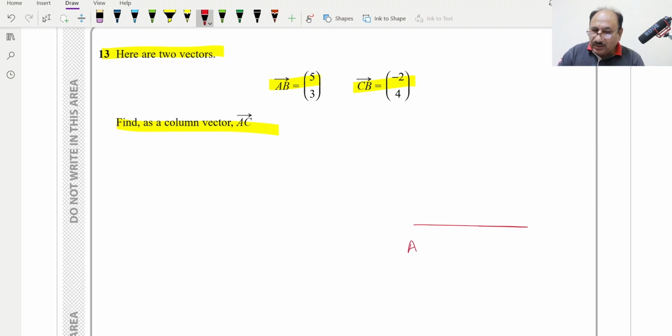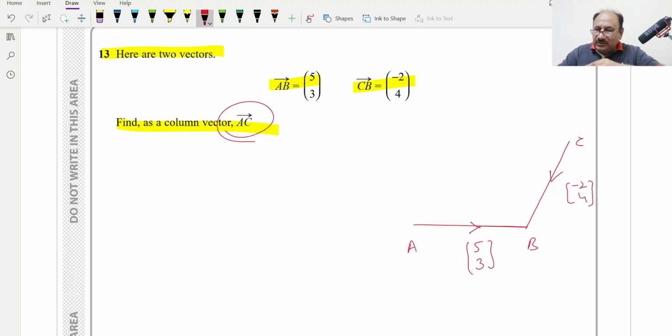So this is A and this is B, and the AB direction is this one, and it's given as column vector 5 3, so we can write here 5 3. And CB will be what? CB is, for example, this one, this is C, so CB will be in this direction, which is -2 and 4, and we need the resultant, which is AB. Sorry, AC is required.